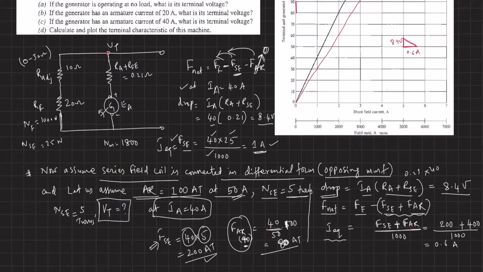So I calculate the equivalent current: 200 plus 80 divided by 1000. So 280 divided by 1000 is 0.28 amps.